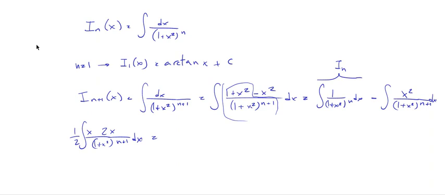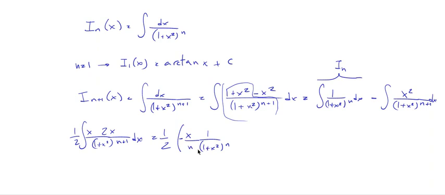And now we have that the function, this is x times the integral of this, so this is 1/2 of x times 1 over (1 plus x squared) to the n, and then divided by minus n, so minus n here, right?